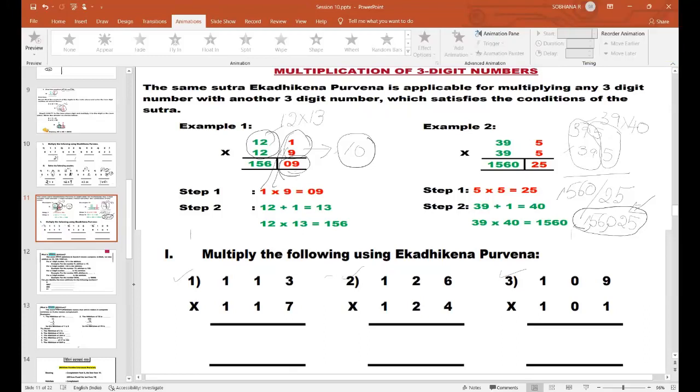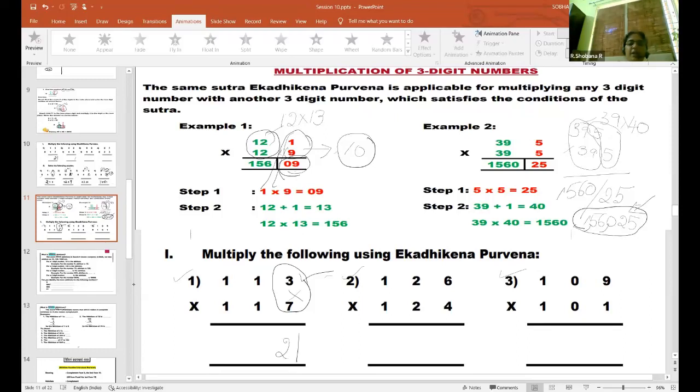13221. First step: 3 plus 7 is 10. So this is checked. The first part of the answer will be the product of these two numbers, 3 into 7, which is 21. Now the remaining number left on both sides must be the same.